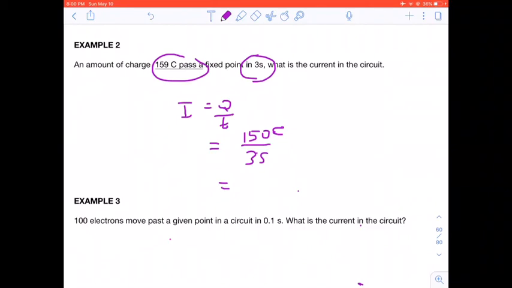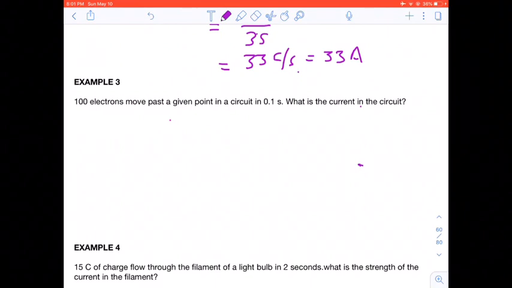That is 150 coulombs in 3 seconds, which gives us 50 coulombs per second, which is then equal to 50 amps.